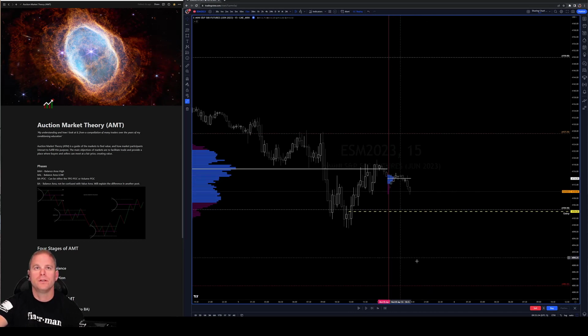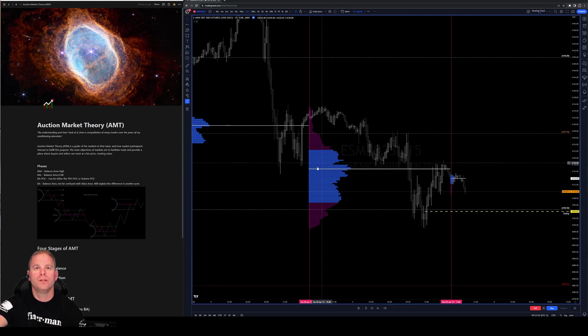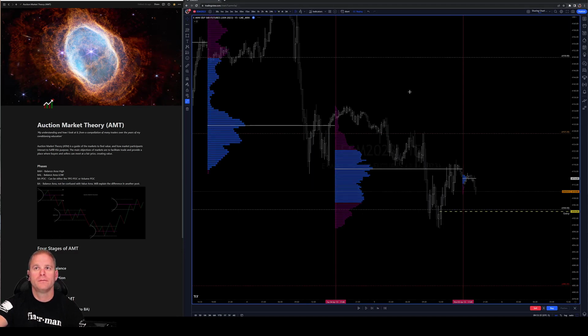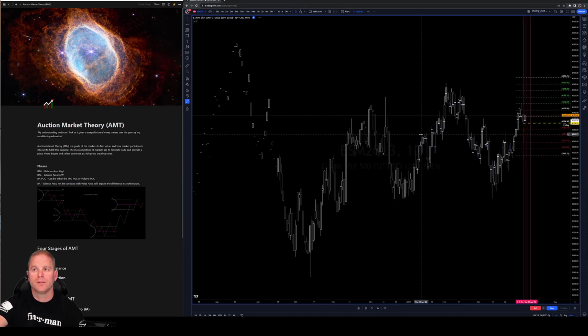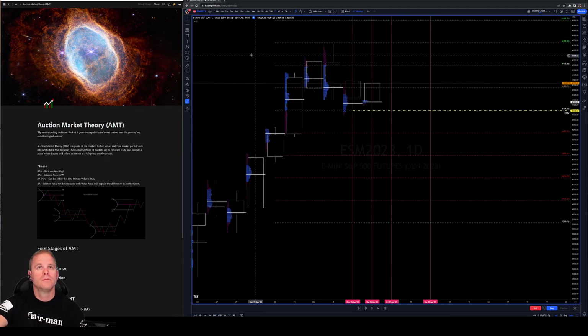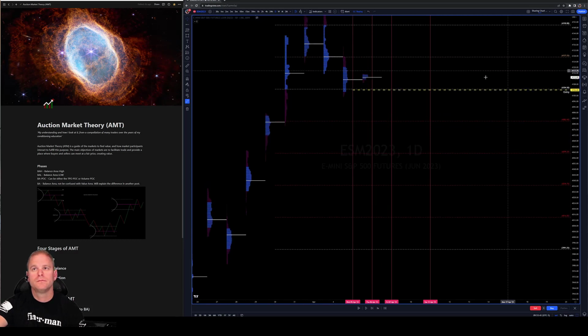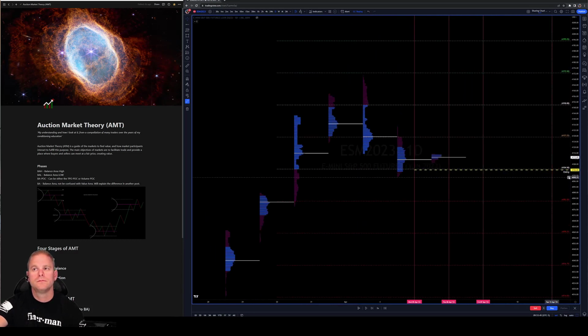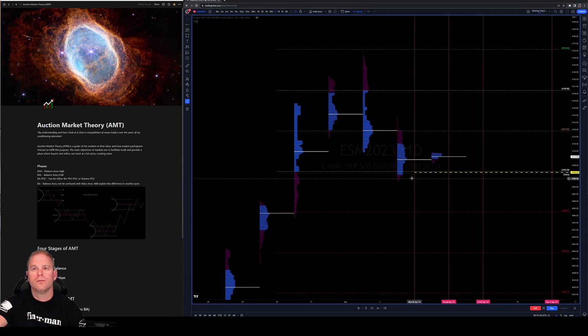Actually, pause, hold on. Since we completed this day, now we have to revisit our balance area. So I'm going to go over to the daily. Sorry, I'm going to get everyone a little motion sickness here, probably. Turn off the candles just so it's easier to see. This volume profile went outside the balance area.